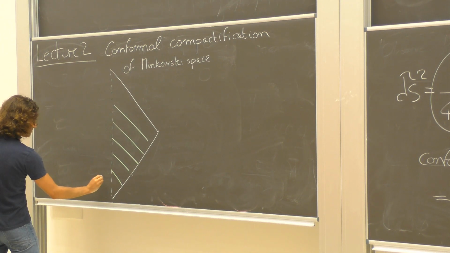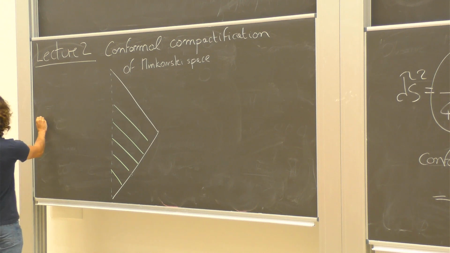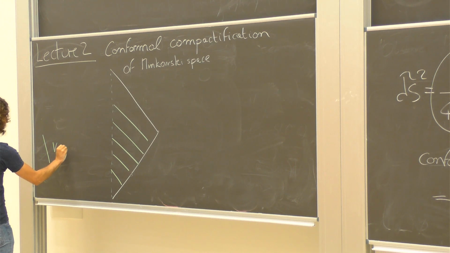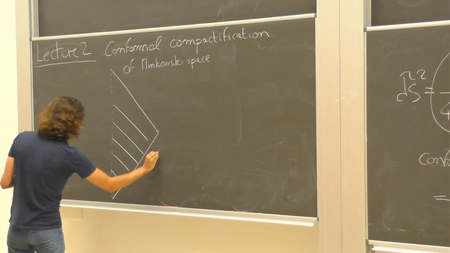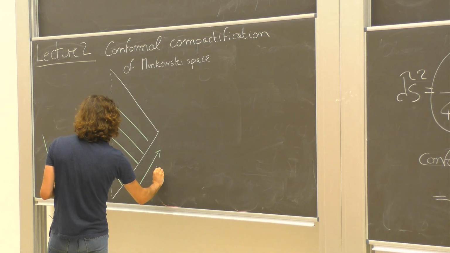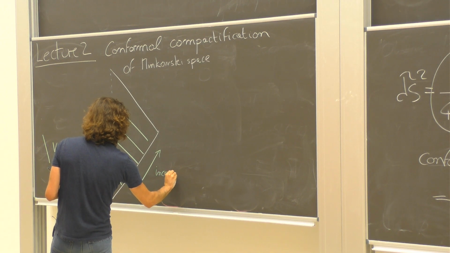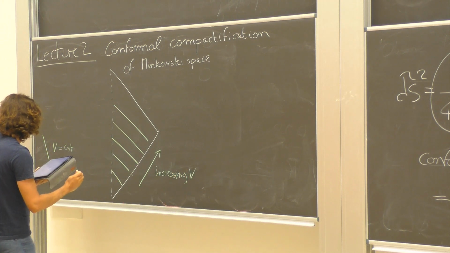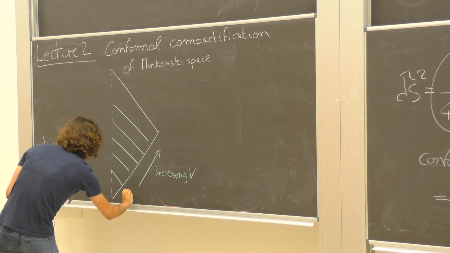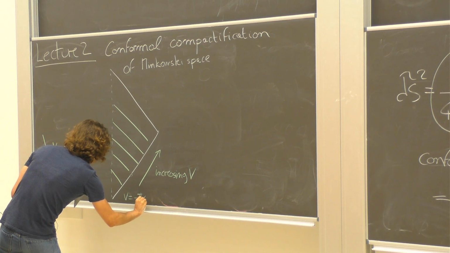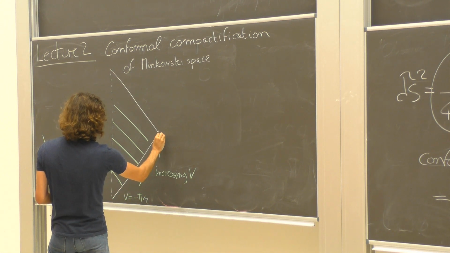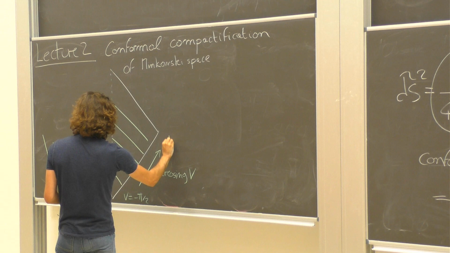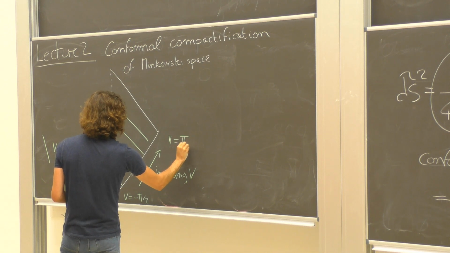So green is v equal constant. And I have here increasing v, and it goes from v equal minus pi over 2 to here v equal pi over 2.